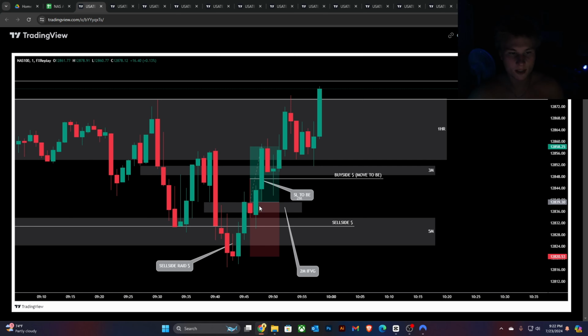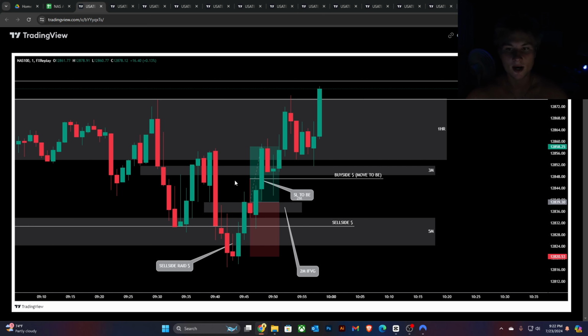So when I see something like that, you always want to take the highest time frame close above the fair value gap that you're entering on, if that makes sense. Say you see a 2 minute fair value gap here, you have to wait for a 2 minute candle close above it to enter.